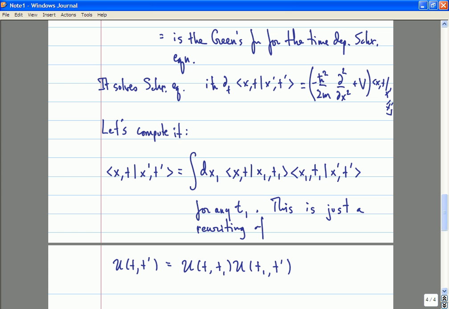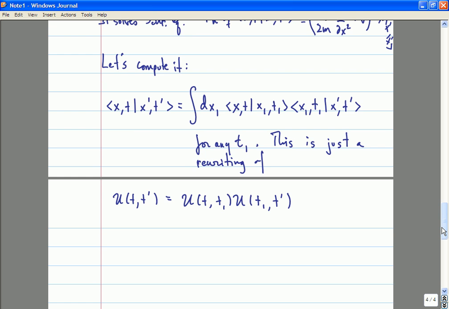So rather than inserting one intermediate time t1, let's insert n of them. So I could also imagine inserting n intermediate times, that I'll call t1 up to tn minus 1, and the position of the particle at those times as x1 up to xn minus 1.